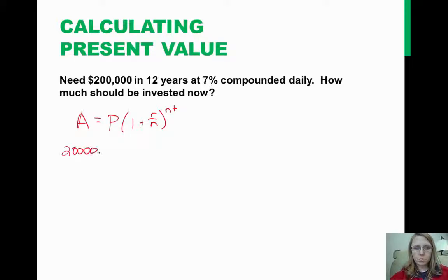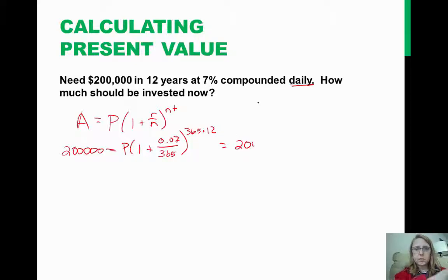So we're going to put this $200,000 in for A, leave P alone, and it'll be 1 plus 0.07 over 365, since it's compounded daily, to the 365 times T, 12 years. Okay, so we can simplify this a little bit.